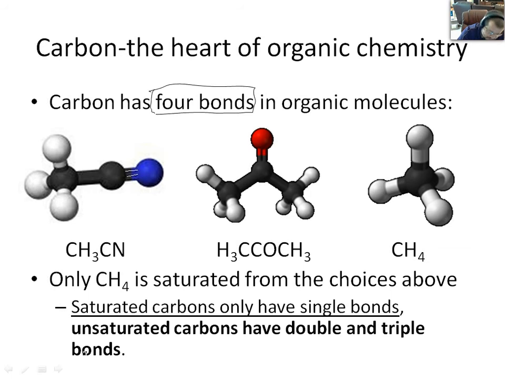Now, if we were to rewrite CH3CN so it's a little easier to see, we would see a carbon with these 3 spheres coming off of it. Each one represents an H. And then it's connected to another carbon. This carbon, indicated by the arrow in my drawing here, has 1, 2, 3, 4 bonds.